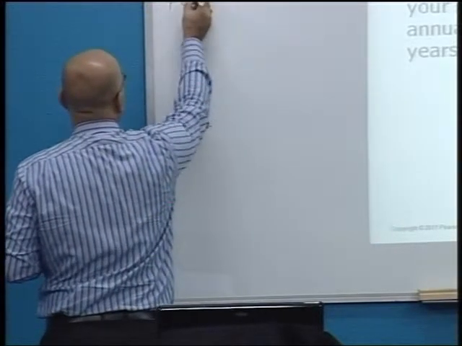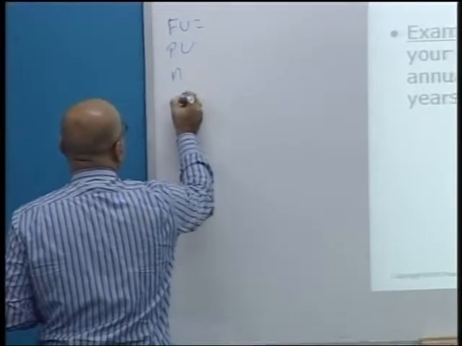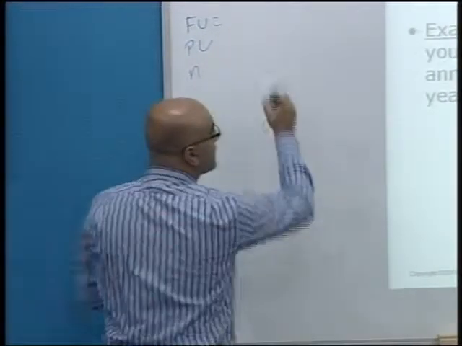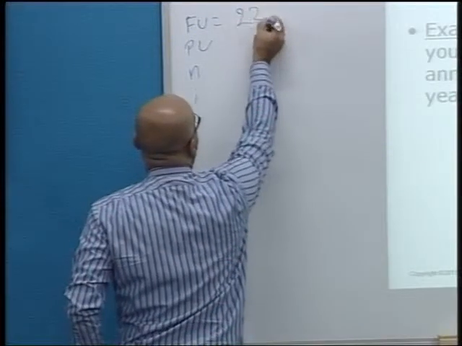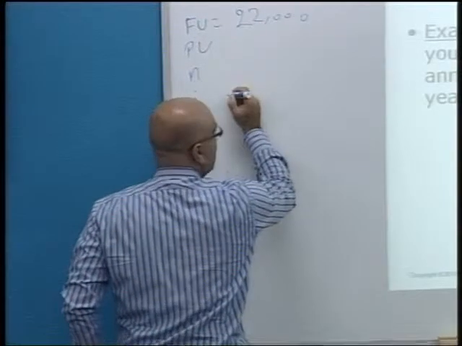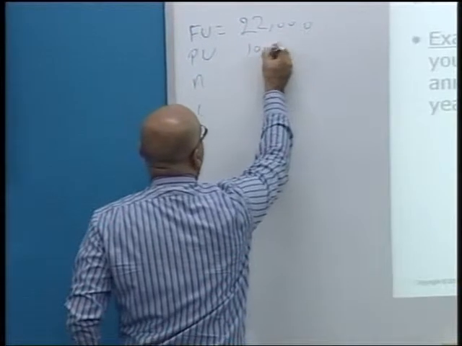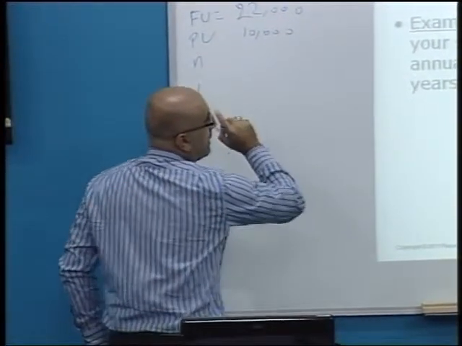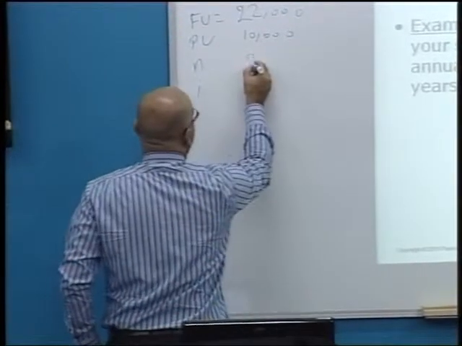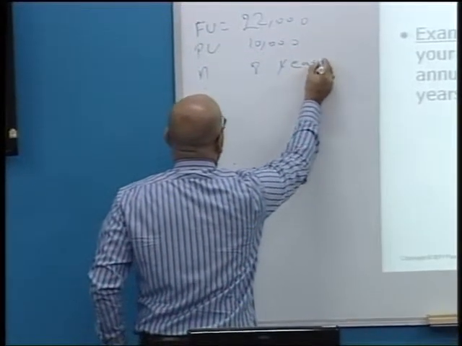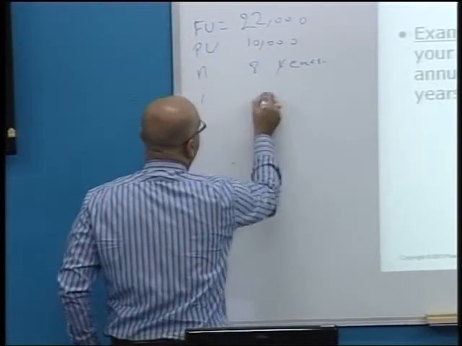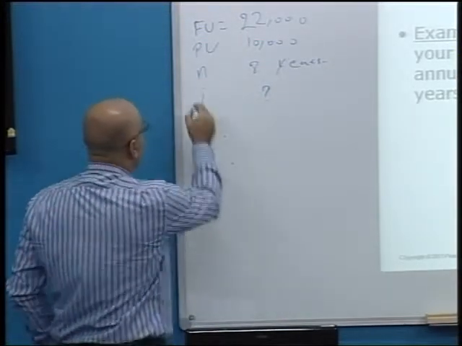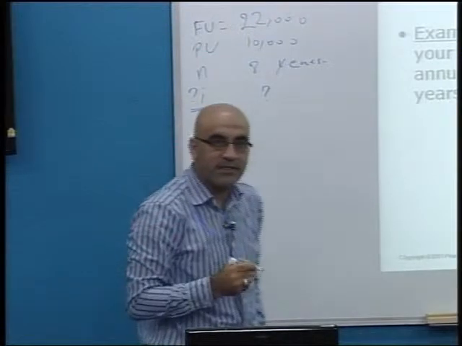Then the present value, then n, then I. So the future value is $22,000. The present value is $10,000. Compounded annually for 8 years, so n is 8 years. And I, we don't know I, because we are asking at what rate of interest. So what is I?